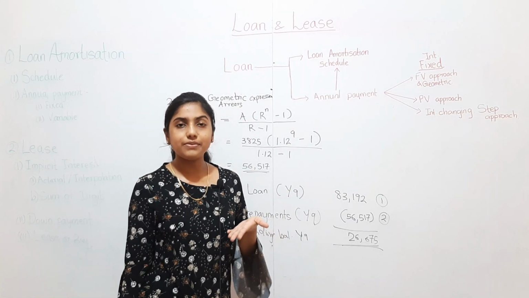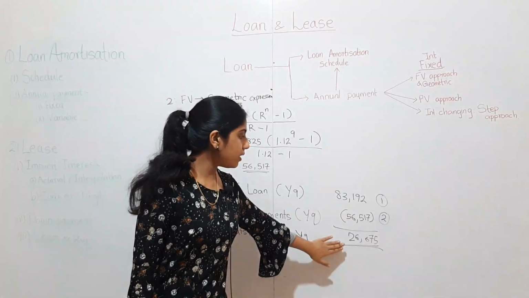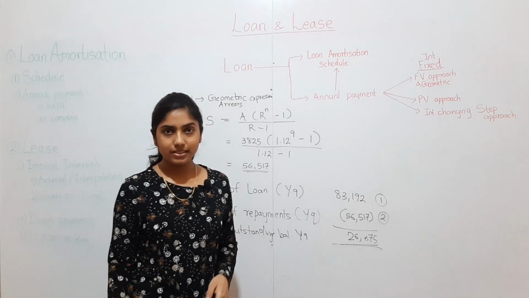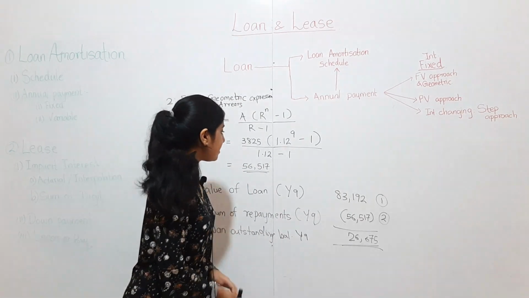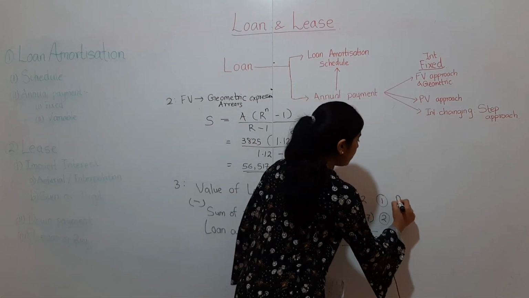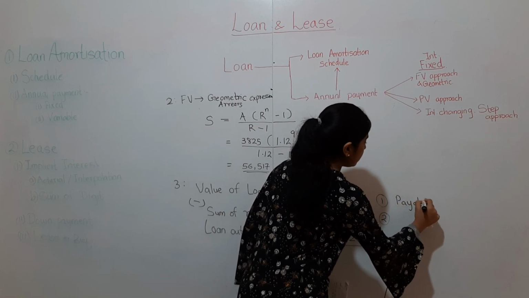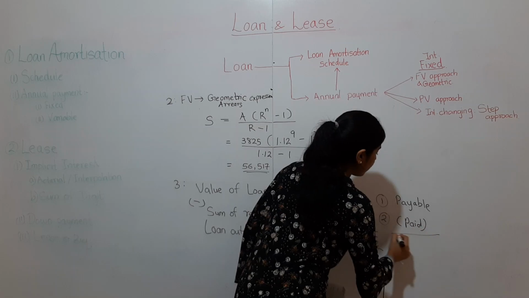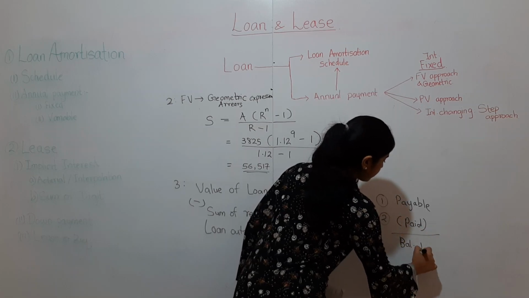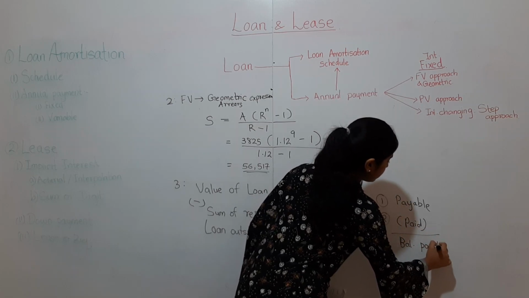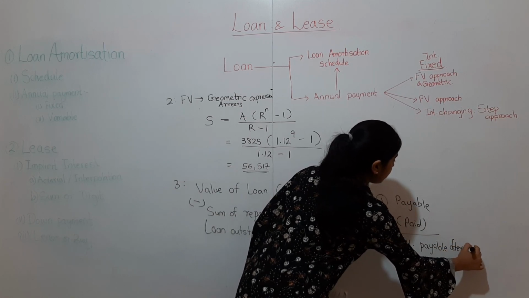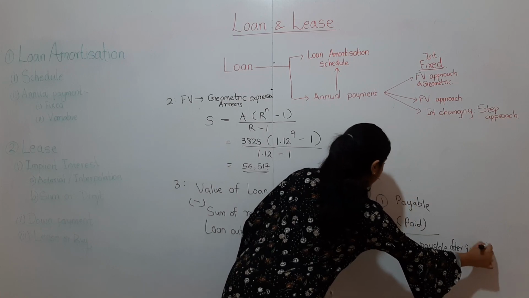Then obviously we will get the loan outstanding balance as at the end of year 9. So this is the payable amount and this is the paid amount. Then you get the balance payable after 9 years.